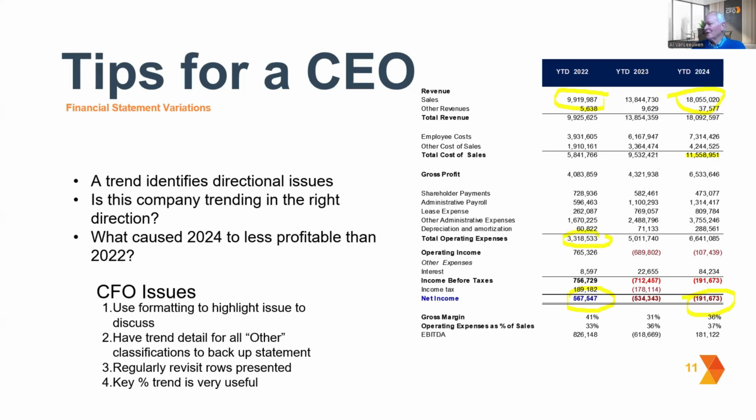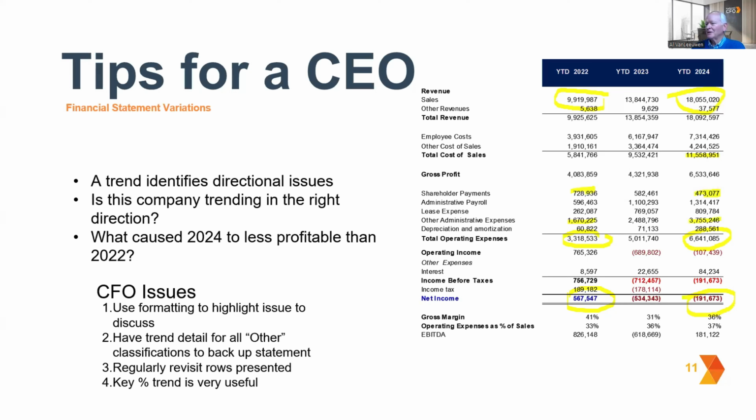Going from 3 million to 6.6, so they've gone up 3.3 million, and the real issue is in other administrative expenses, going from 1.6 to 3.75. You can see the owners, who are the shareholders, used to get $700,000 a year out. Now they're only getting $400,000 a year out.